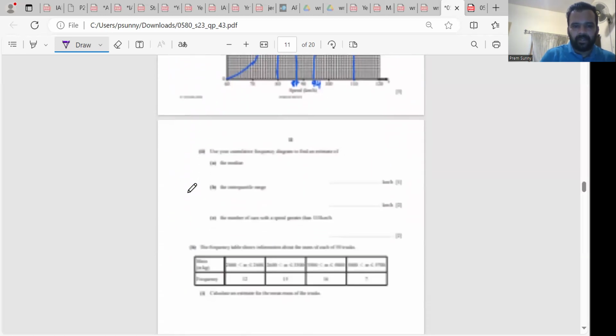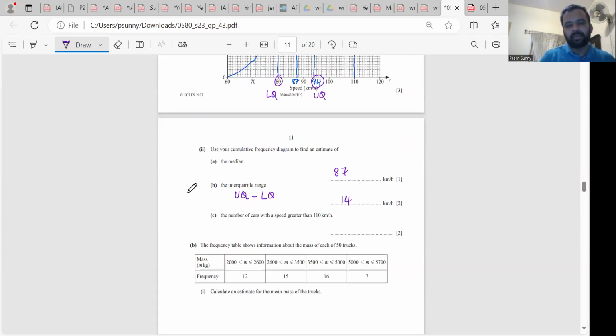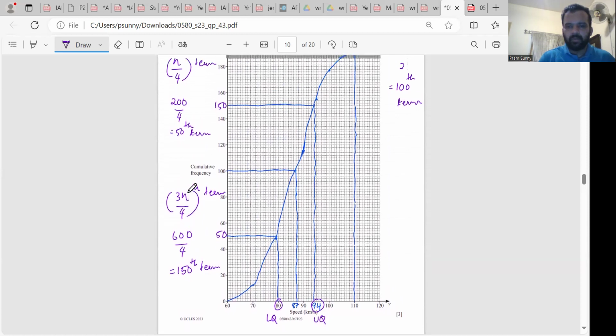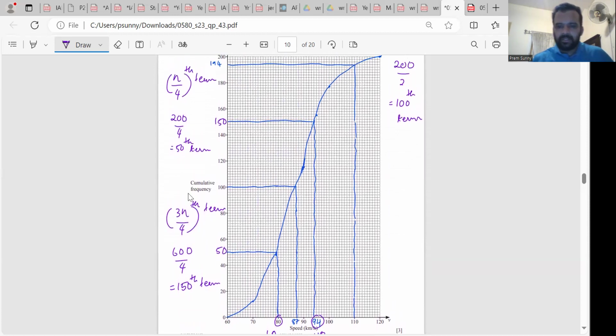Finally, the last one is the number of cars with a speed greater than 110 km per hour. We take 110 km per hour on the x-axis and draw a vertical line until it touches the cumulative frequency curve.